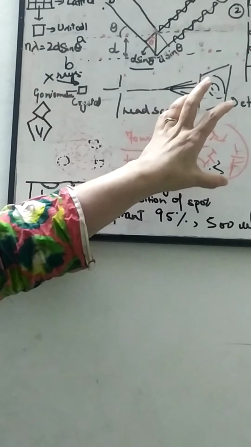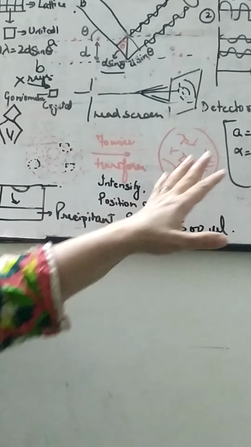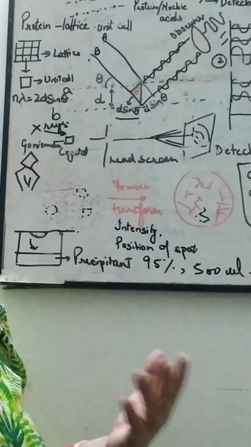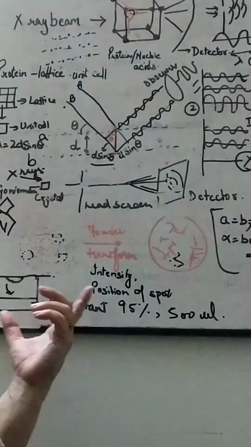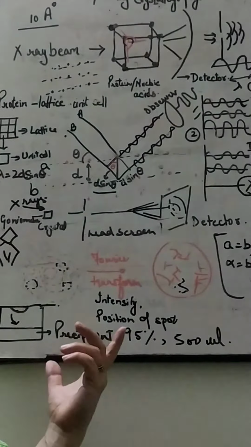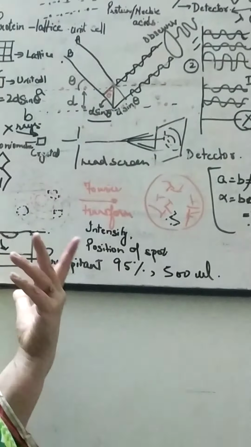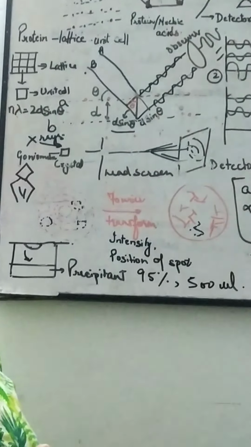Then we try to fit in the dimensions of those bonds into these electron density maps, and finally we build up the structure of any unknown protein, which is very useful for determination of the structure of any new protein isolated, any new viruses which are isolated, or bacteria, etc.